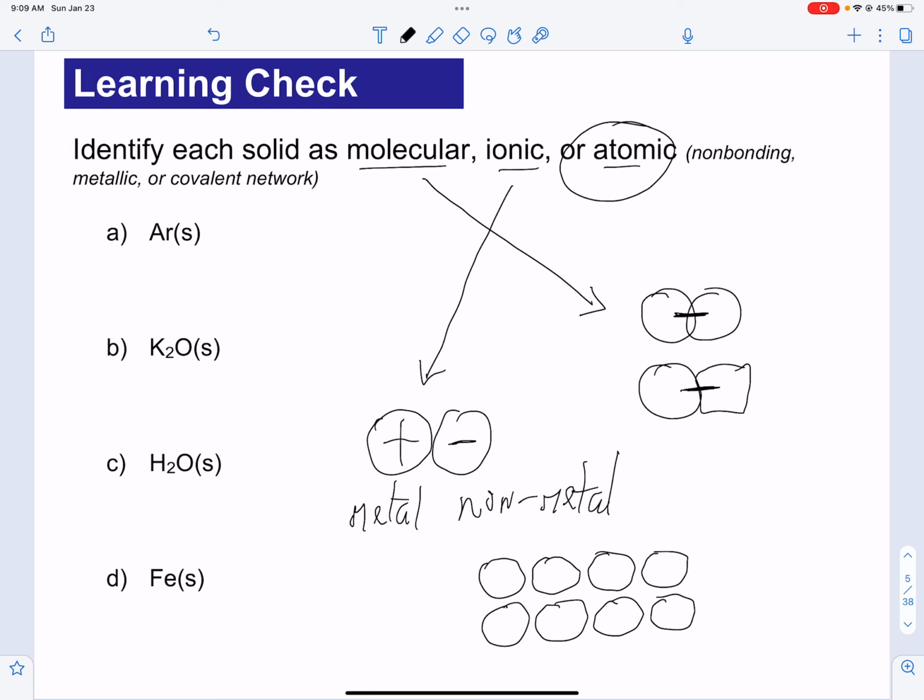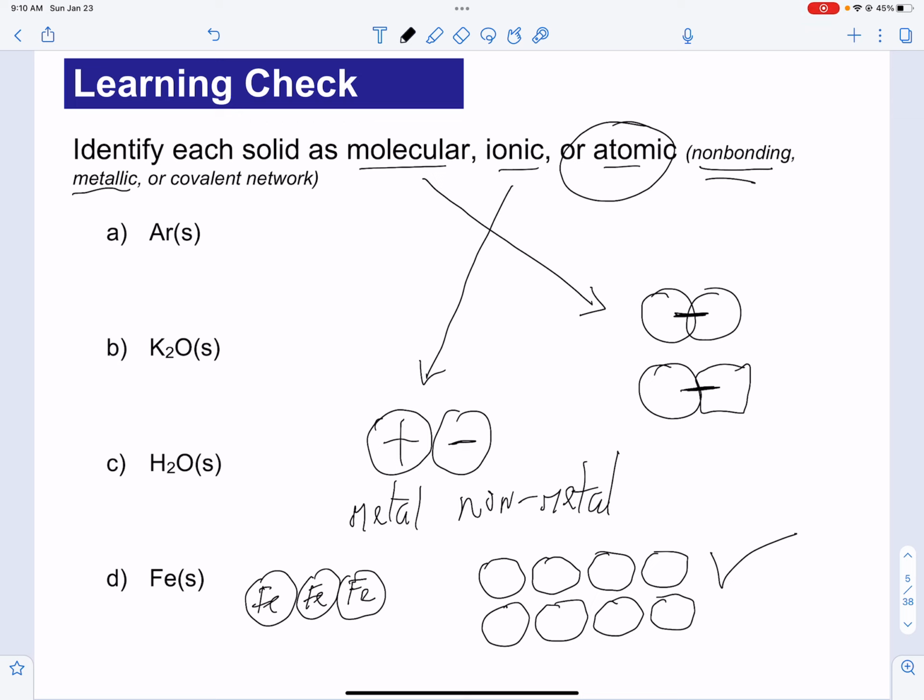So atomic could be non-bonding, like this one. It could be metallic, let's say iron joined with iron, but remember we have a new theory to understand metals, so we're not talking covalent or ionic.